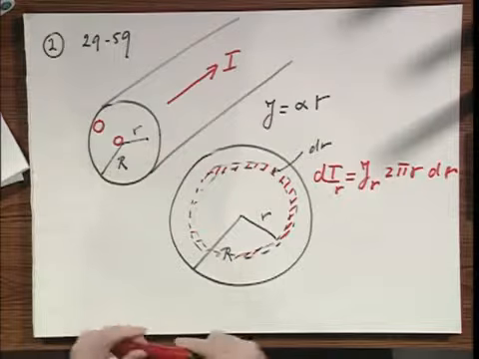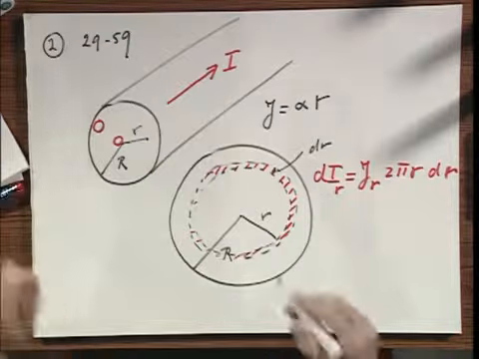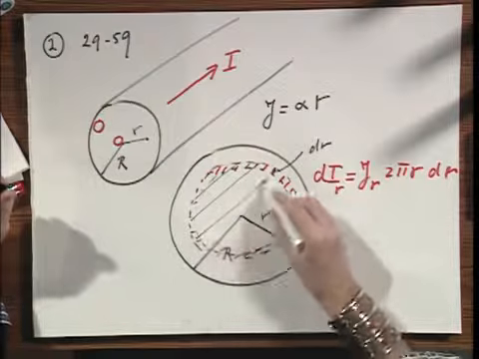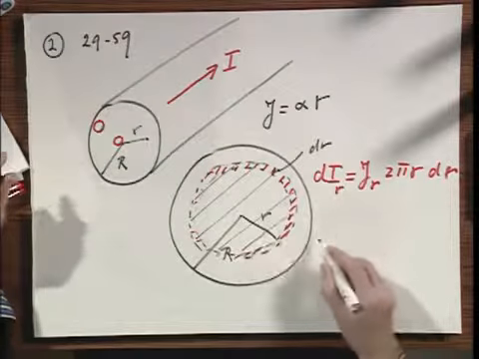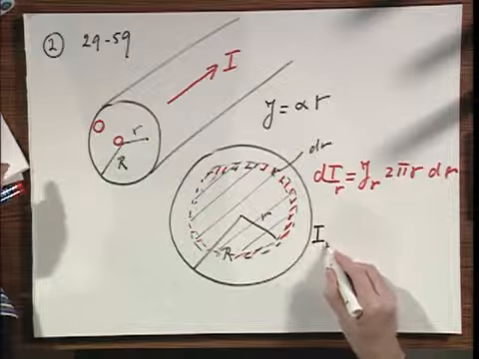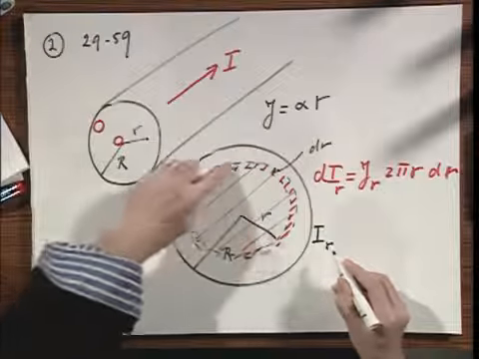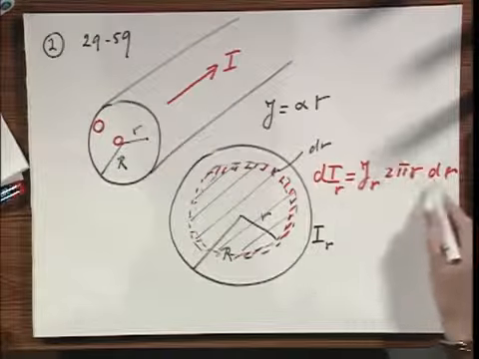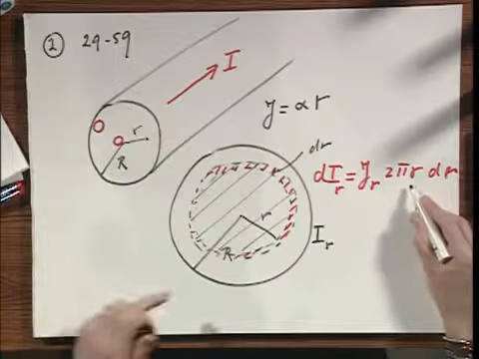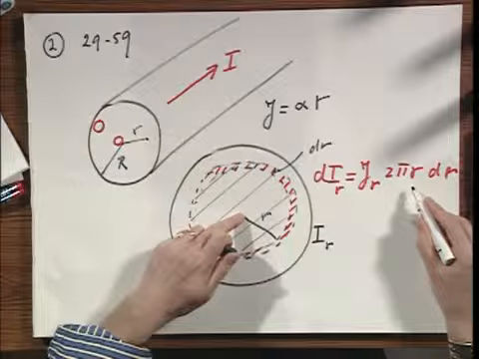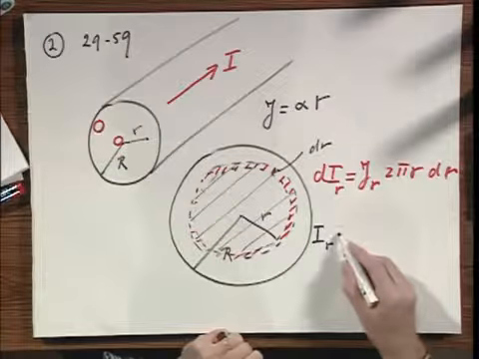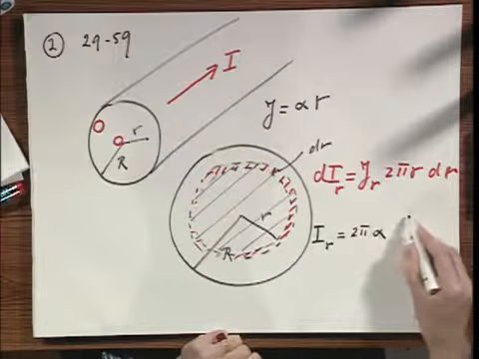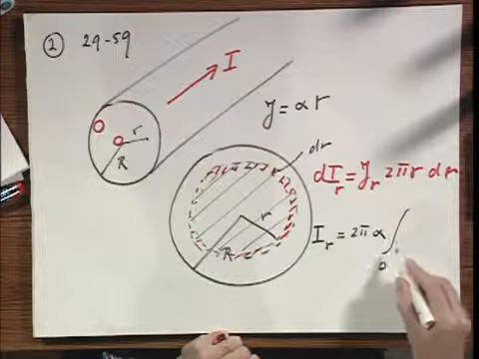So if I want to know the total current that flows in this whole surface area, in other words, up to radius R, including this whole area, then I have to do an integral.